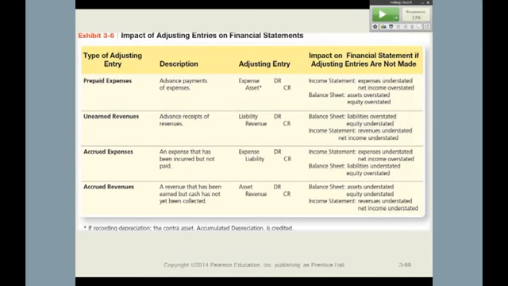These adjustments have to be made with respect to existing accounts, so you have to look at account balances, where accruals are very different. Accruals are transactions that were not recorded, so you have to create the entry from a zero basis. You've got nothing there.